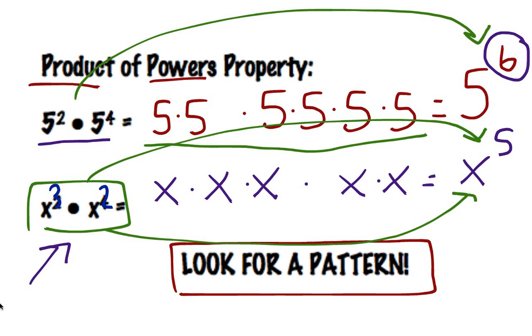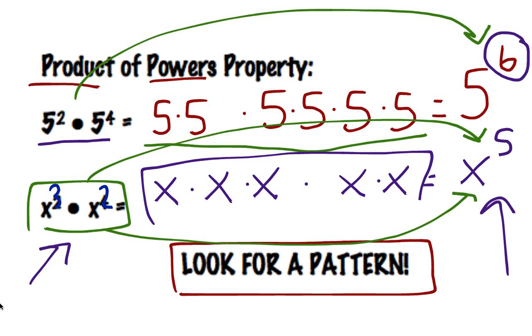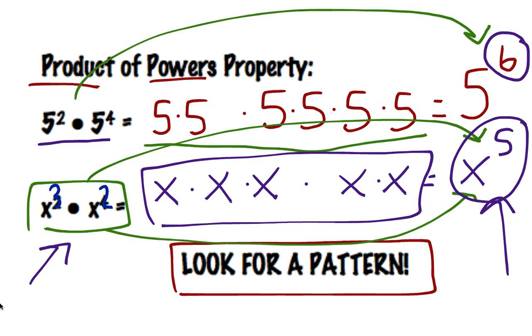My second example, if I have x cubed times x squared and I add my exponents, I will get x to the power of 5. I am not going to be expecting everybody to write out their work in this particular manner. You can go right from the problem to this answer in your homework. So again, the product of powers property only works when you have the same base.